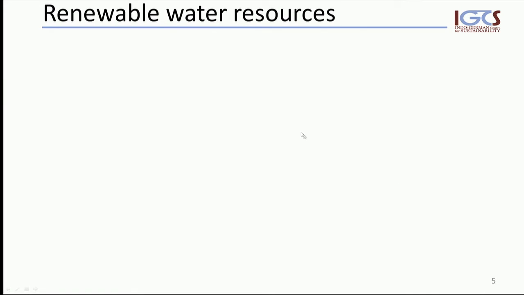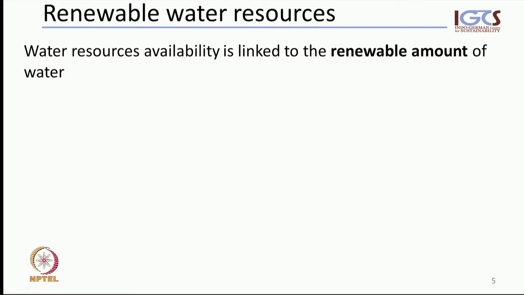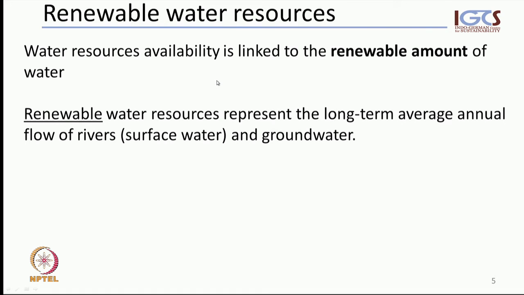Now, coming to the term renewable water resources, the availability of water resources is essentially linked to the renewable amount of water. And what we mean by renewable water is the resources measured and available over a long-term average flow, surface flow, or in groundwater.